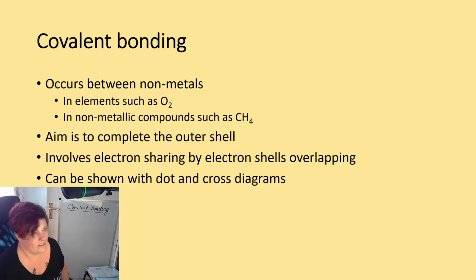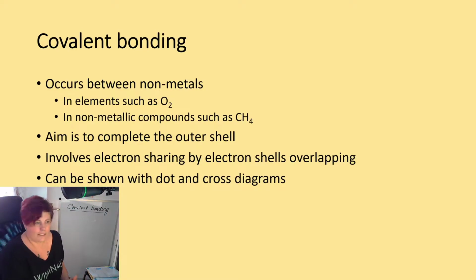Basically, as with ionic bonding, the aim of covalent bonding is to complete the outer shell of electrons. The electrons are arranged within the shells, and until that shell is complete, it is unstable.